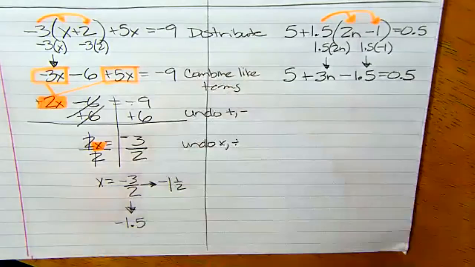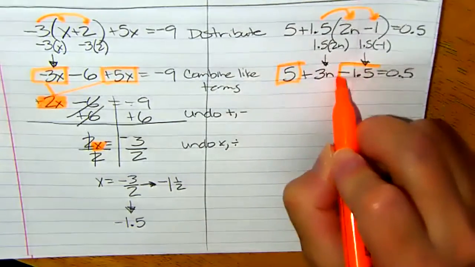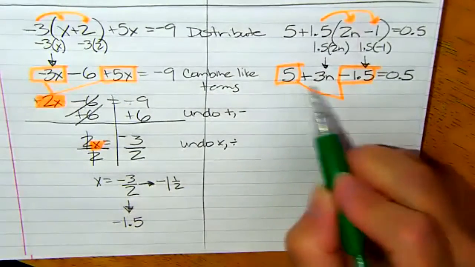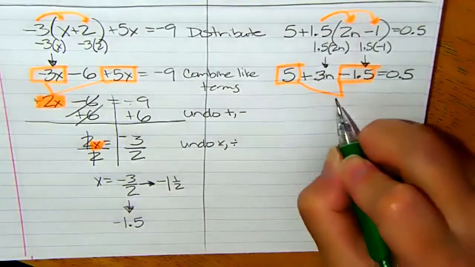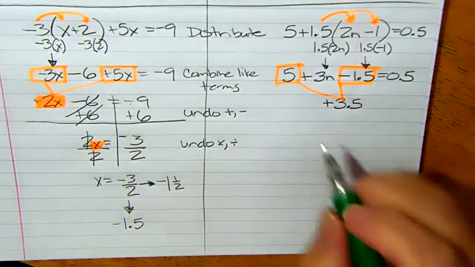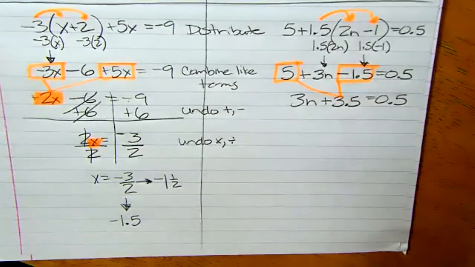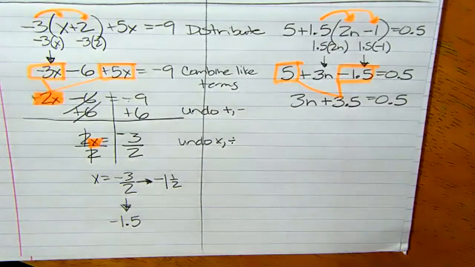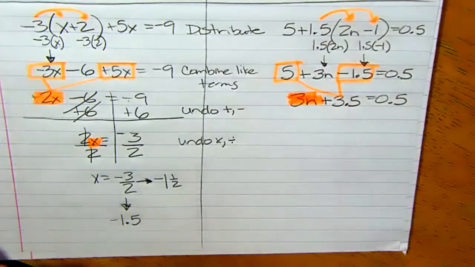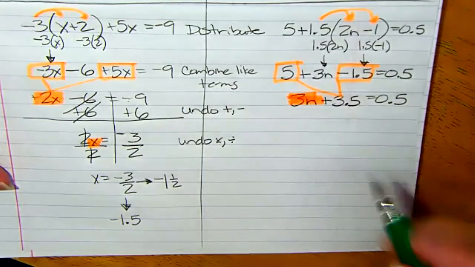Now I need to combine my like terms. So 5 minus 1 5/10 is 3 5/10. It's positive. And everything else comes down. Now I need to isolate the variable, but first I need to undo my addition and subtraction.